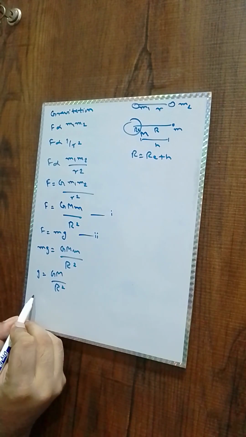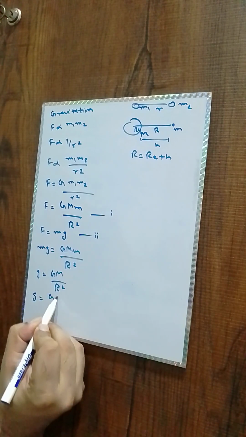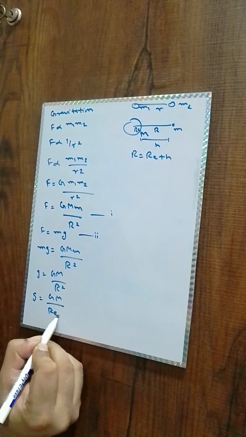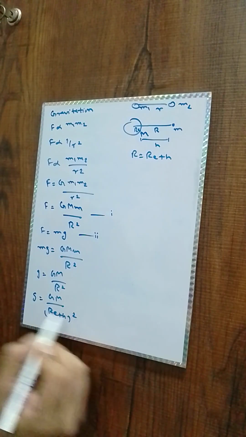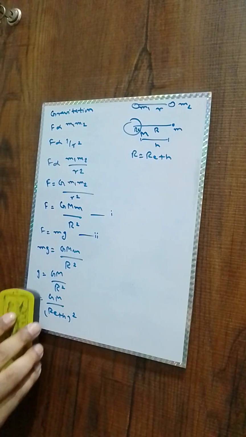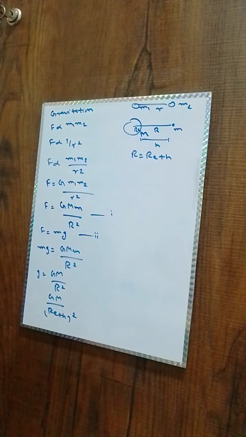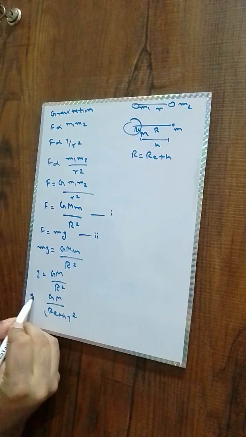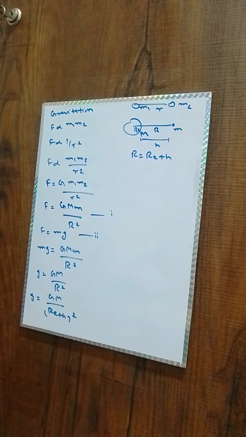So in other words, g could also be equal to G M by (Re plus h) whole square, depending upon the situation. h can be a considerable value and h can also be 0 if the object is right on the surface of the Earth.